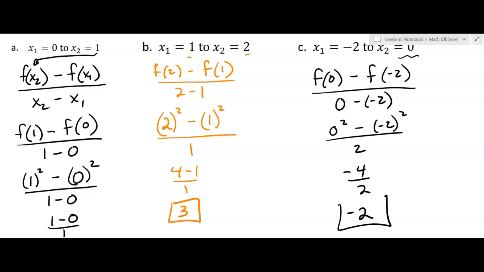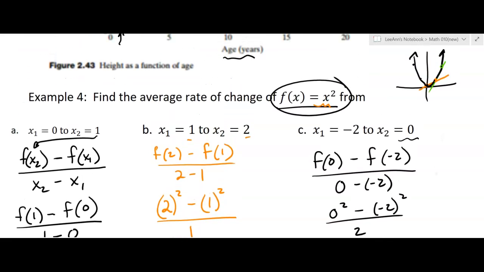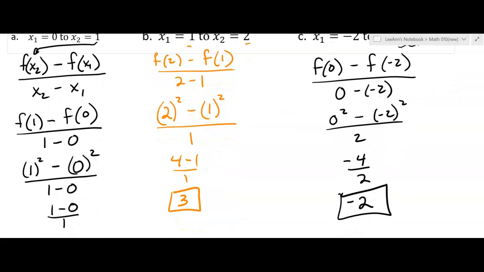That's then the average rate of change. Now look at the diagram. From negative 2, over here, to 0, you're talking about a secant line right here. And see how that secant line is negative, and the slope is negative 2. Okay, there you go. Average rate of change.